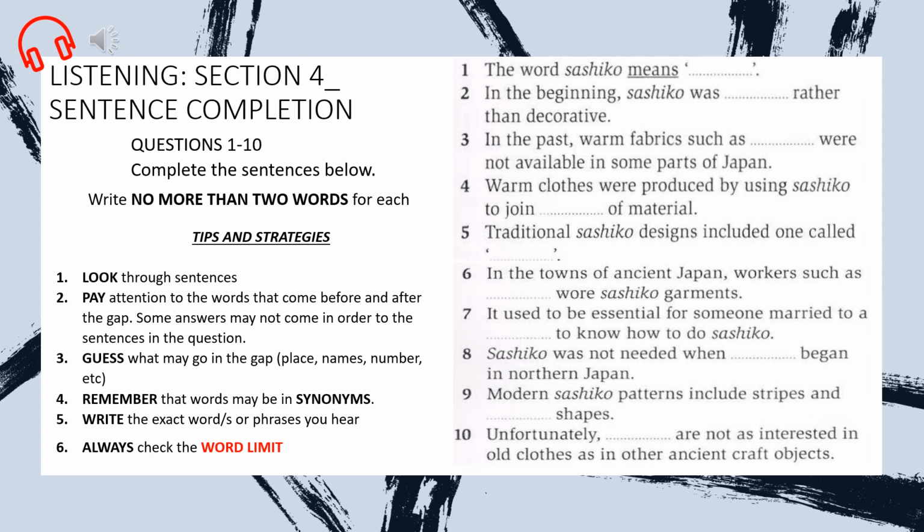However, since the 1970s, sashiko has been revived in Japan and has also been taken up by quilters and embroiderers in the USA and the UK. Nowadays, the designs are a little different. There are vertical and horizontal stripes, for example.